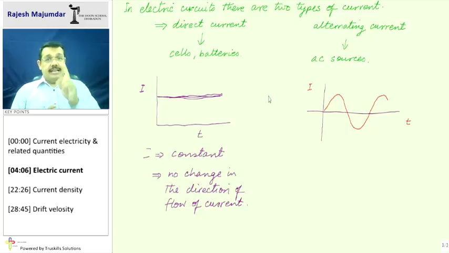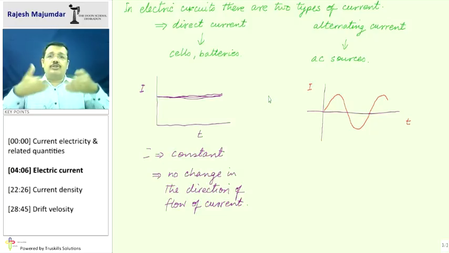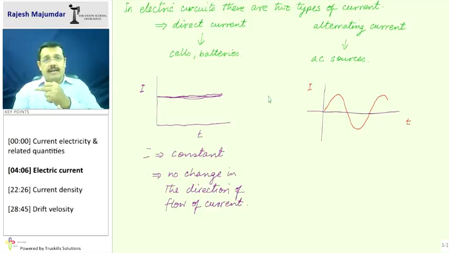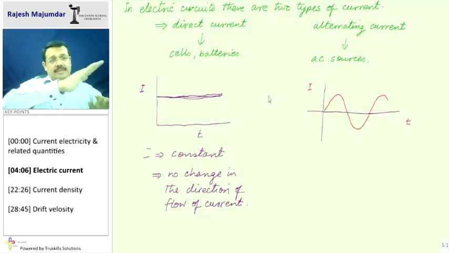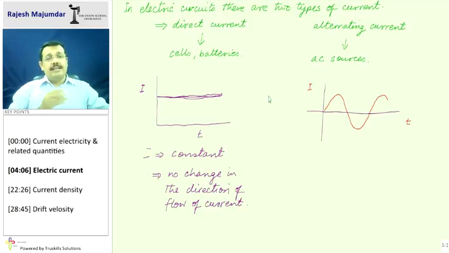Apart from it, there is another added feature, and that is that the direction of the current also changes. After some time, there is reverse flow of the current in the same wire. So if current is flowing from left to right, then after a certain time period, you will find that in the same wire, the current has reversed. It is now from right to left.